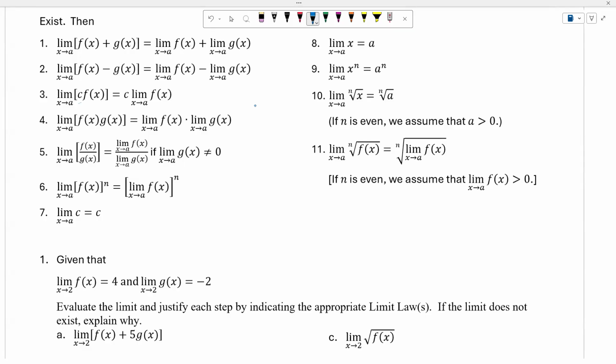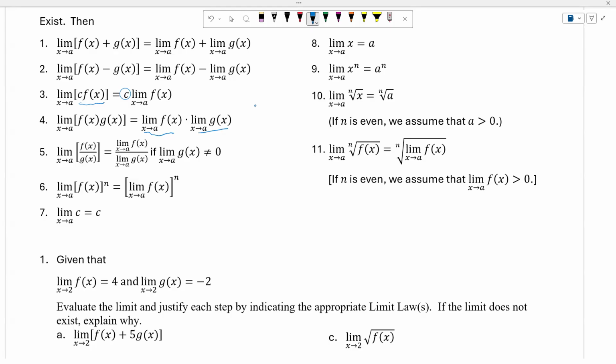If we have a constant multiplied by f of x, then we could take out the constant and just evaluate the limit of f of x. For a product, we will have the product of two limits: the limit as x approaches a of f of x times the limit as x approaches a of g of x.